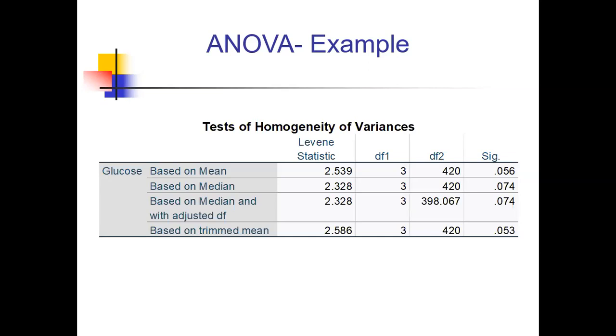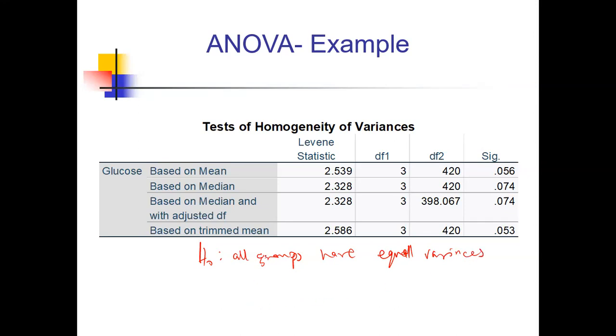First, let us write the hypotheses for this test. The null hypothesis says all groups have equal variances.